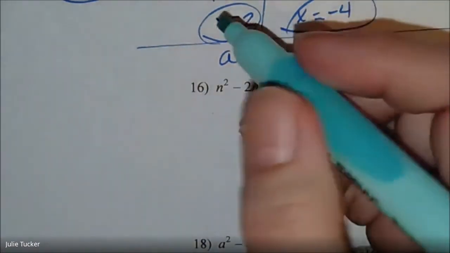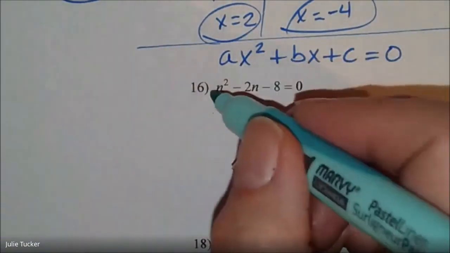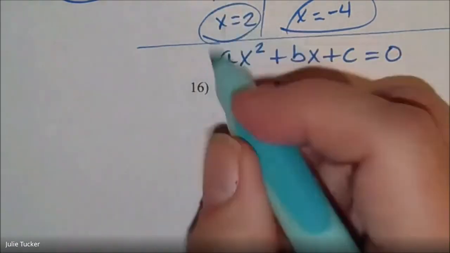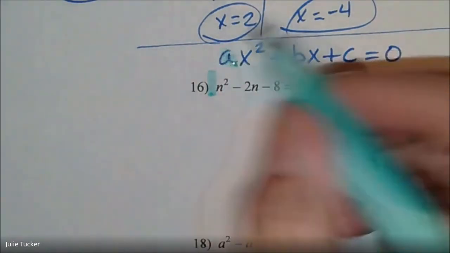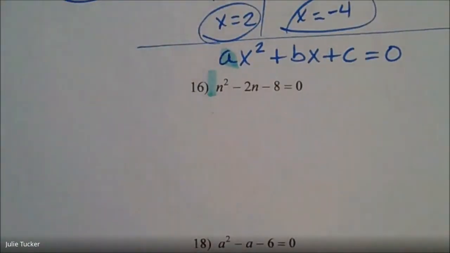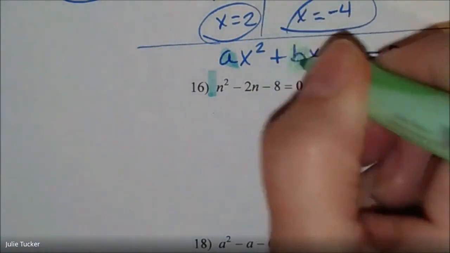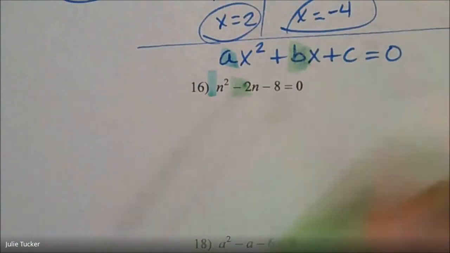The a is the number in front of the first term that's squared. Well, there's no number here, so it's just 1. So a is 1. Then the b is the number in front of the term that's not squared, just x to the first power. So that's this -2.